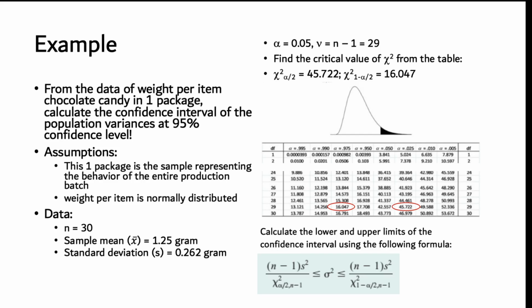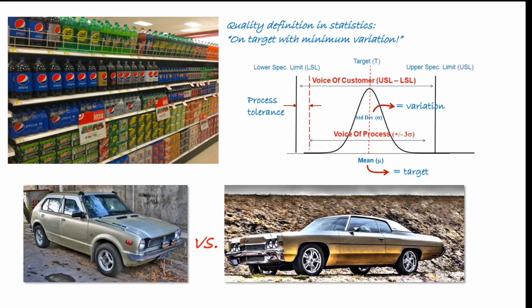The thing that will easily interest you is that the data used in this example is the real data on the measurement results of weight per piece of chocolate candy in statistics class last year. I believe it is quite easy for you to find similar things in your daily activities that you can measure directly and process the data statistically. That is our brief discussion of the population variance confidence interval.